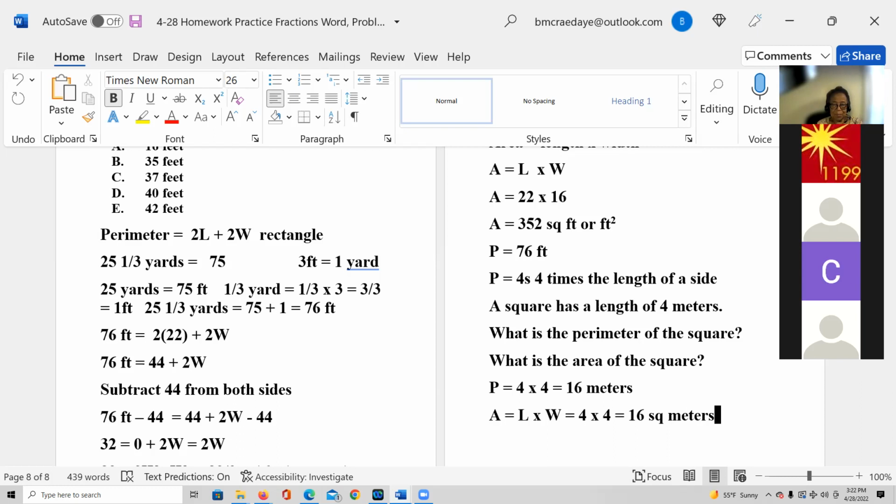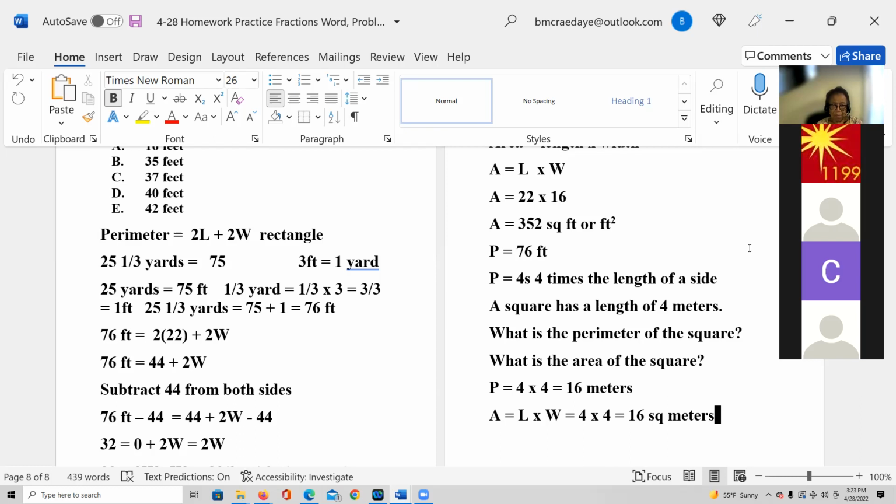So 16 meters would be the perimeter, and the area would be 16 square meters.